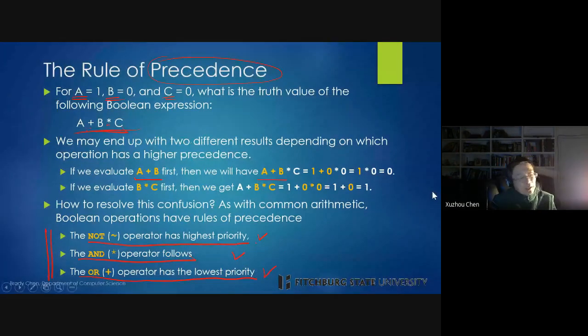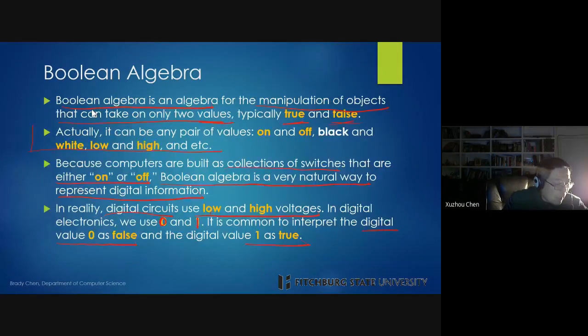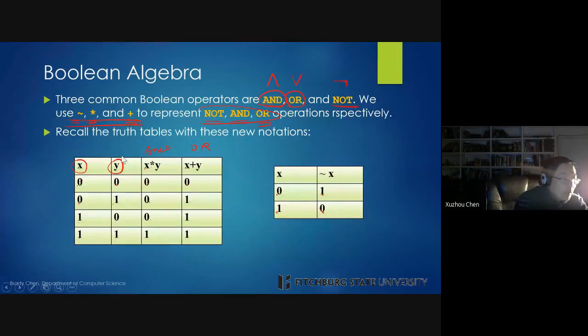Okay. So we can have a couple of variables like x, y. Okay, x, y are two variables, and the value for these variables could be 1 or 0.